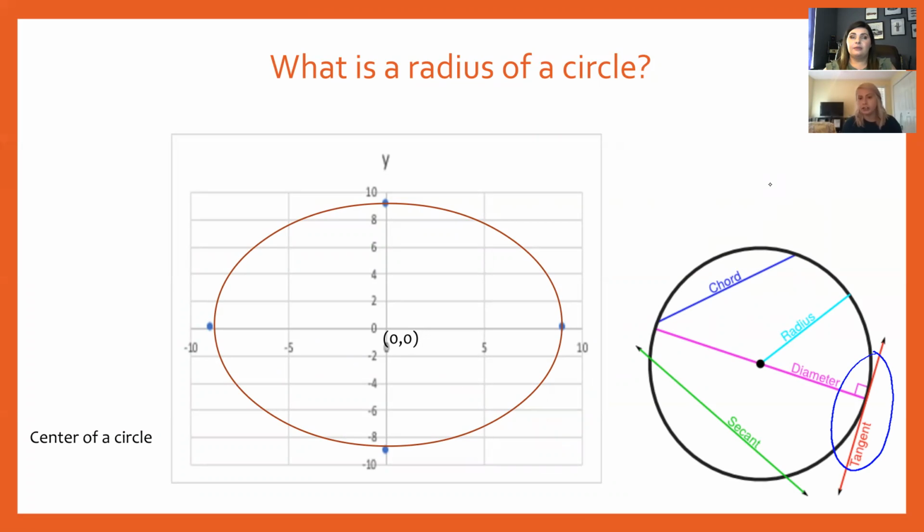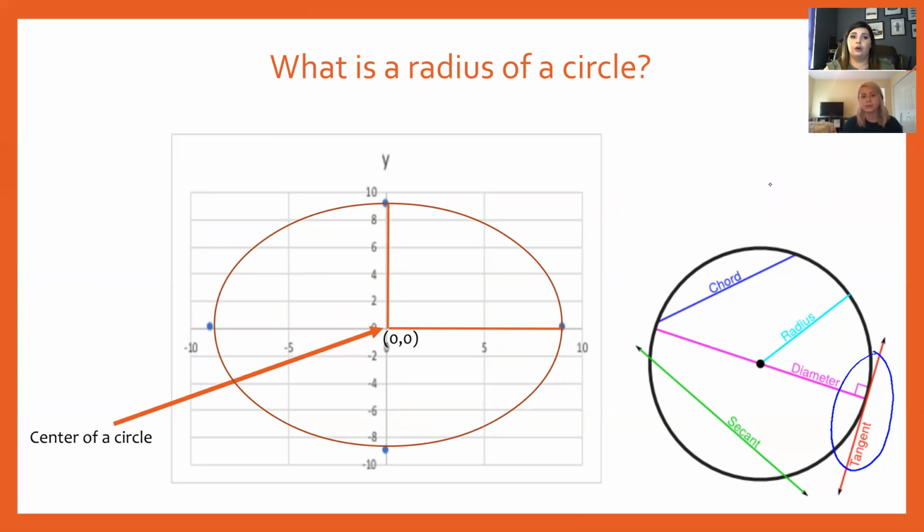So this problem was whenever we find the radius of a circle. We of course know that is the center of the circle, and we see that it's on the center of the graph just for simplicity purposes for this one. But it could be anywhere, the center of the circle, wherever it is on the graph. So for here, 0, 0 is our point. And we see that it goes over 9.5 and it goes up 9.5.